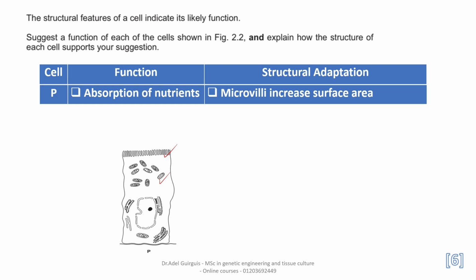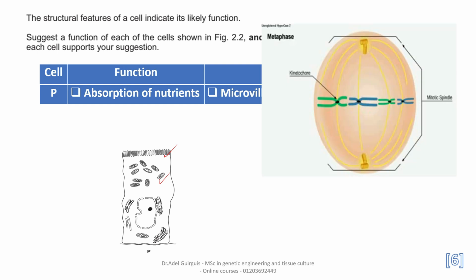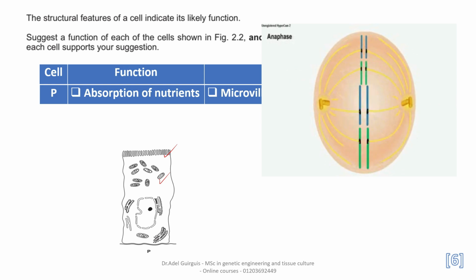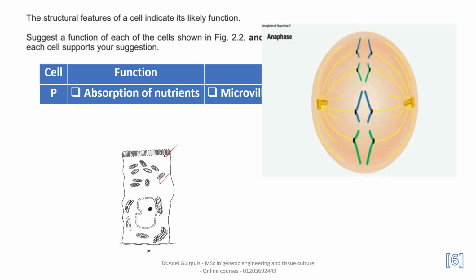Also the completion of digestion, where disaccharidases like sucrase and lactase are found as immobilized enzymes in the membrane of microvilli. This structural adaptation, microvilli, increases surface area a lot.